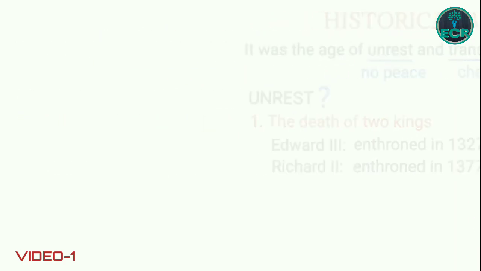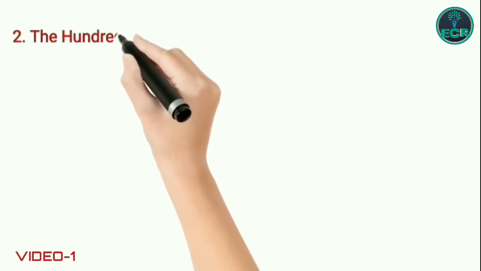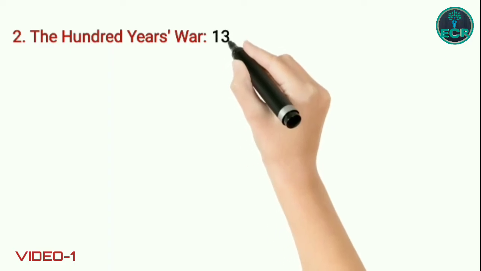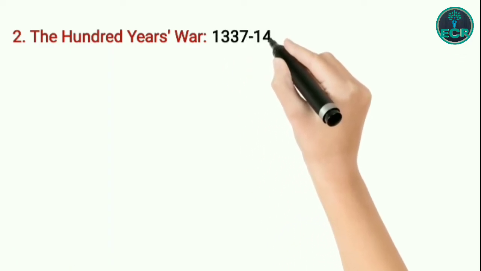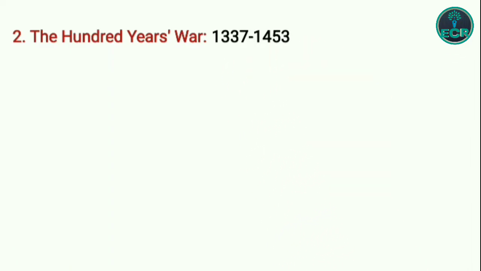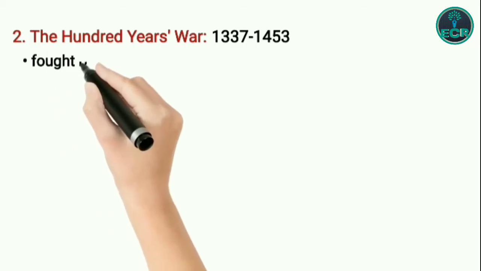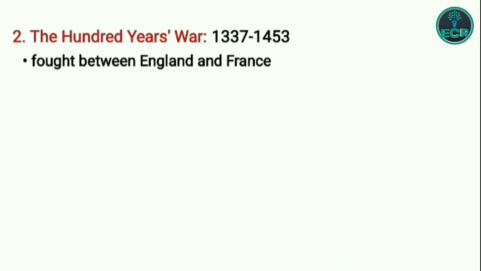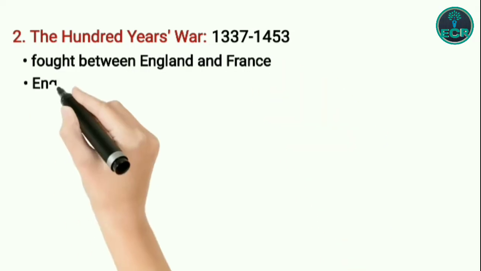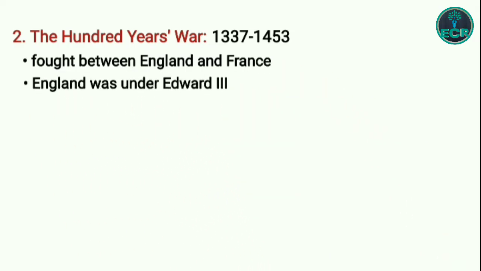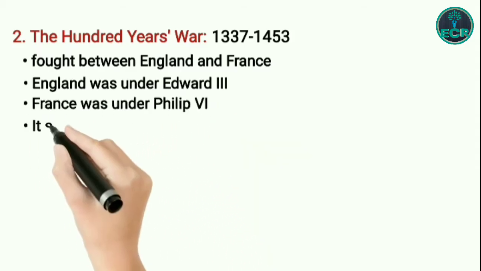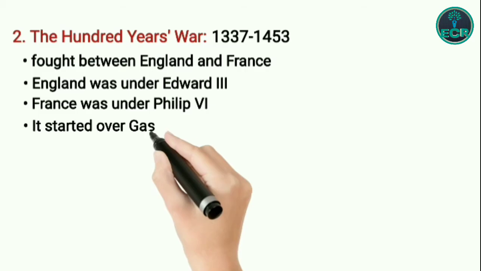The age saw a prolonged war, called the Hundred Years' War, that started in 1377 and ended in 1453. This war was fought between England and France. At that time, England was under the reign of Edward III and France was under Philip VI. It started over Gascony.